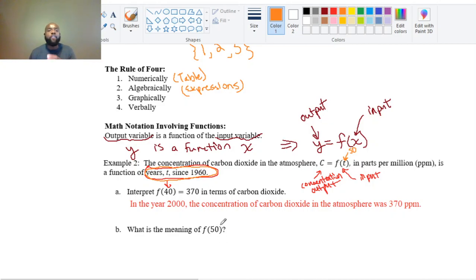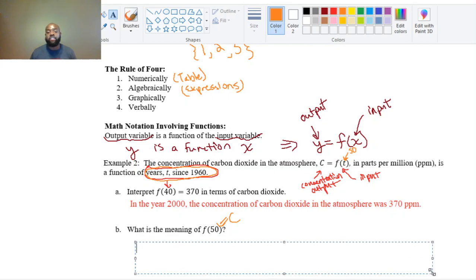Well, when I see f of something, that means plug it in, apply your rule, and the result is your output variable, which is C. So although I don't see C equals, this is basically a C. And a C represents a concentration of carbon dioxide in the atmosphere.